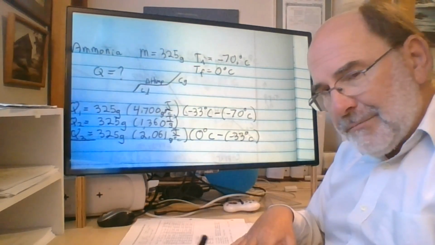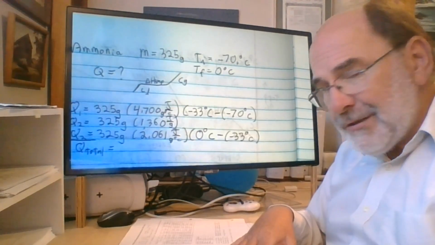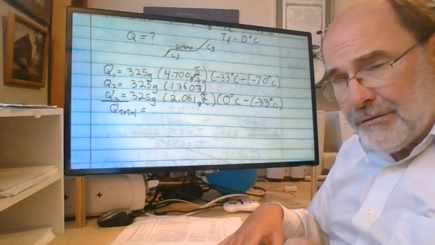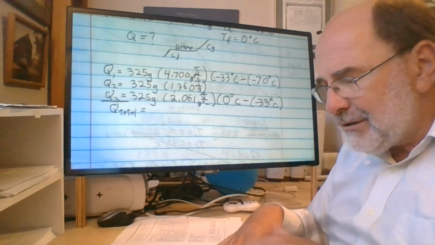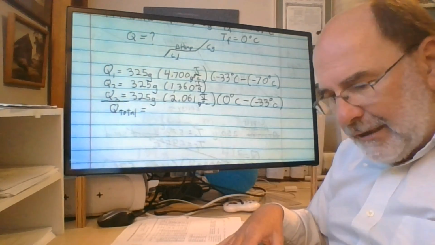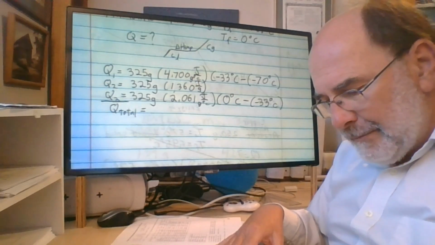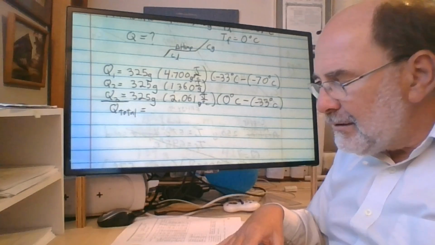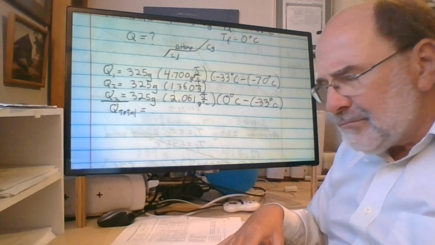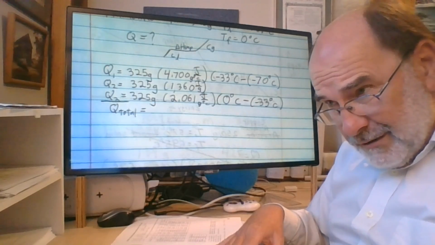Okay? Just like the previous example, the total energy is going to be the sum of these individual energies. You can use the distributive property of multiplication to factor out the mass and then do that outside the parentheses. So I go 325, open parentheses, 4.7 times 70 minus 30 is 40.